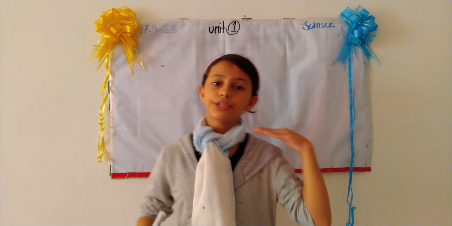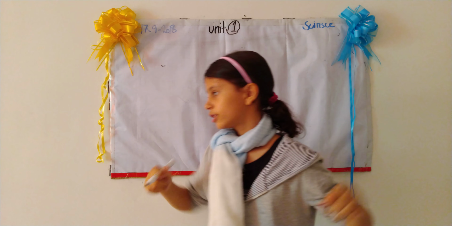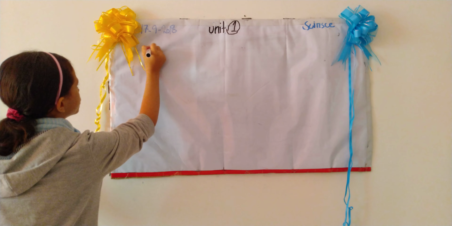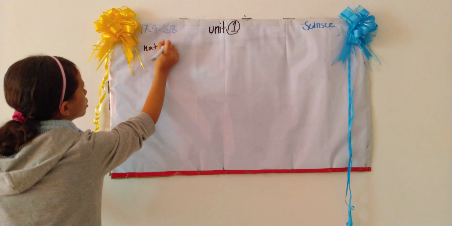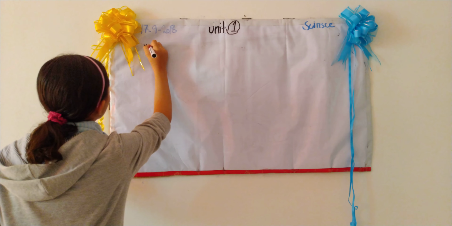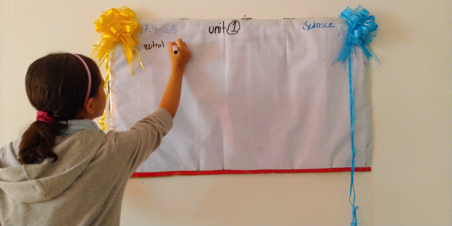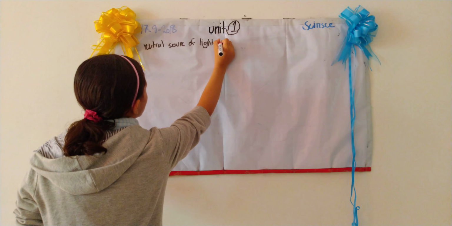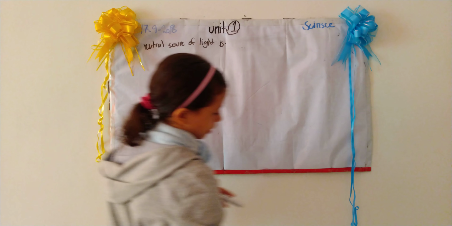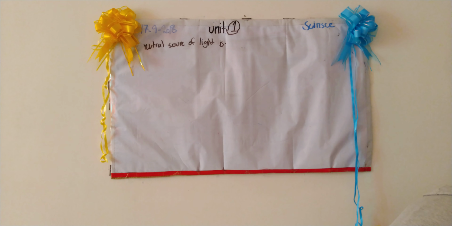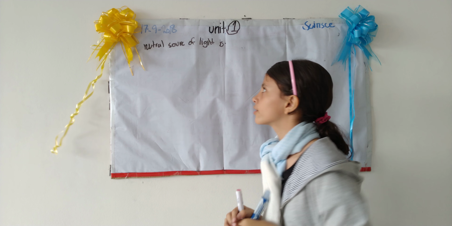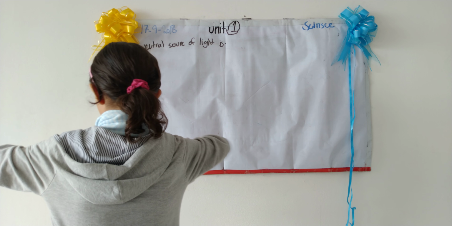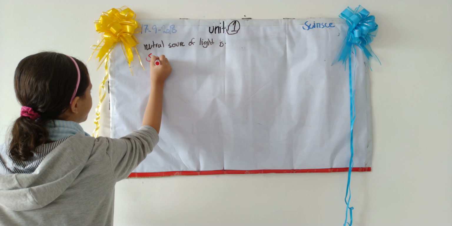Now, let's write some natural sources of light and artificial sources of light. A natural source of light is, for example, the sun.